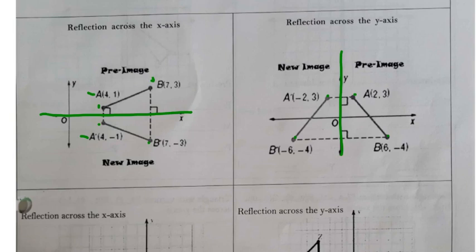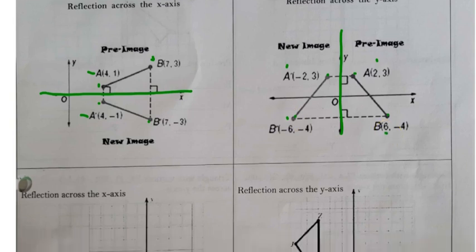They're both 3 away from the axis. Think about the concept of absolute value. Negative 3 and 3 both have an absolute value of 3. That's their distance. Over here, the x's, negative 2 and positive 2, are both 2 away from the y-axis. Negative 6 and positive 6 are both 6 away from the y-axis.